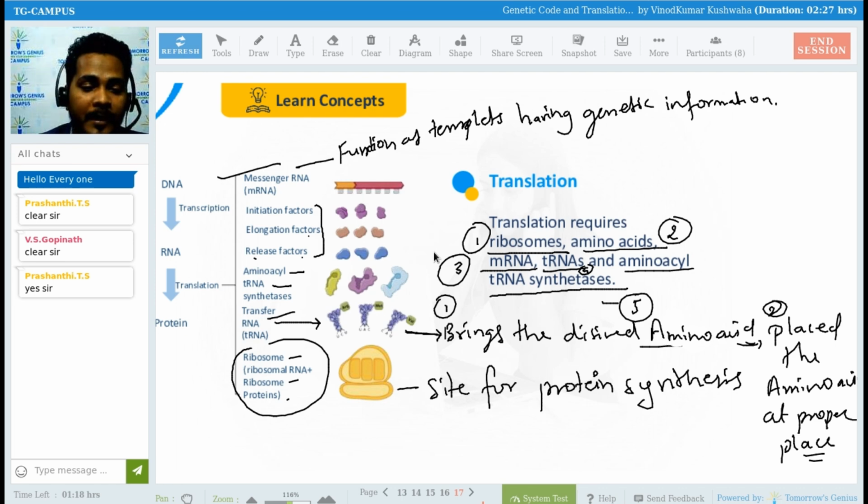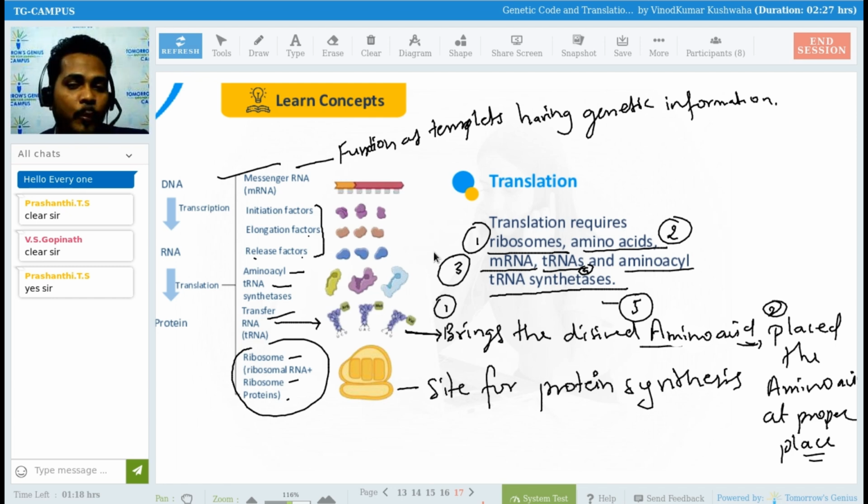So that means these RNAs are formed over DNA during transcription. DNA is converted into RNA, that is called transcription, which takes place in the nucleus, right, and it is translated in the cytoplasm.